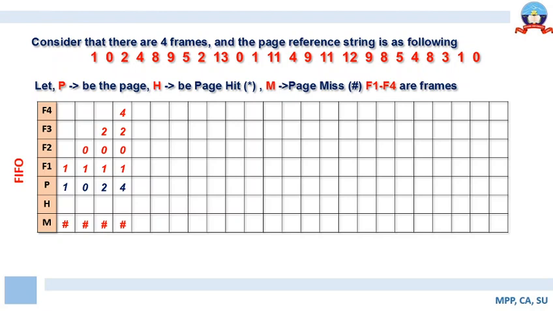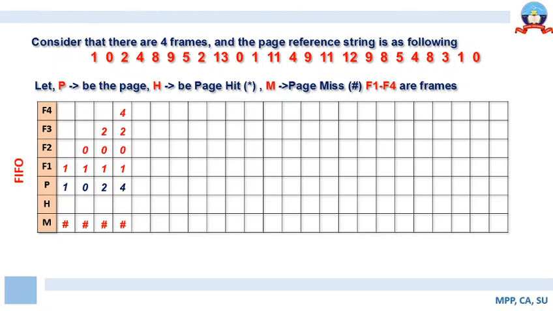The frames are now holding pages. So any page that is to be brought from the secondary memory and placed into the main memory needs a suitable replacement. Now let us see how the first in first out algorithm replaces the pages currently in memory to make space for a new page requested in the course of process execution.